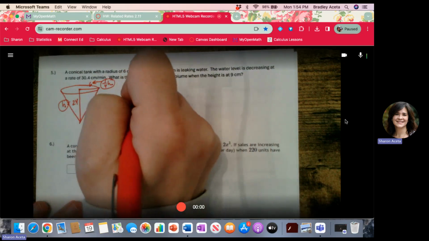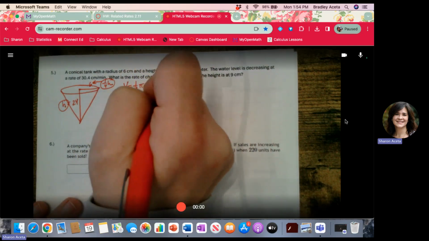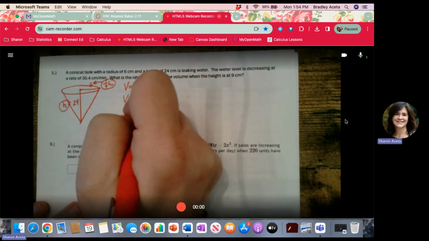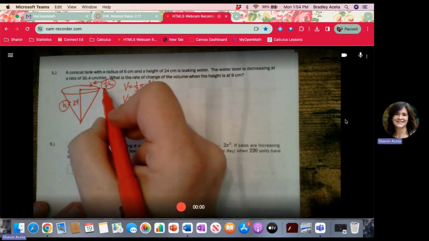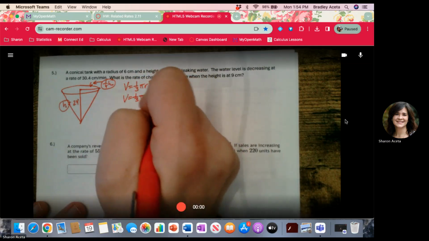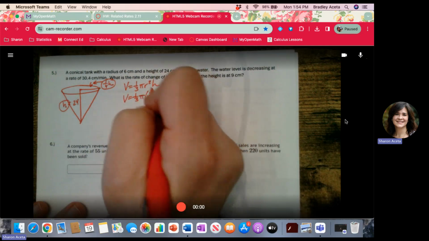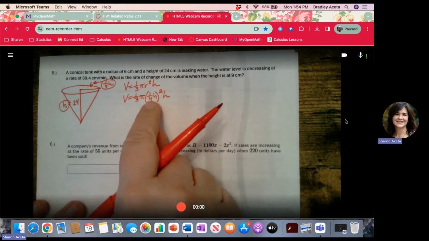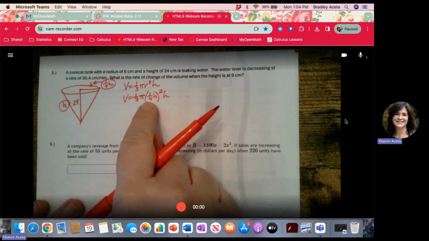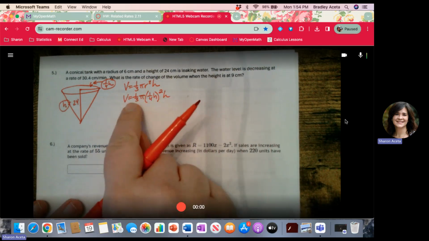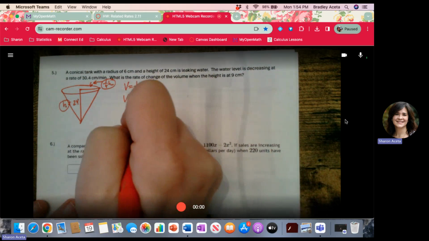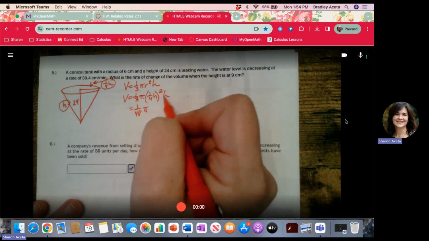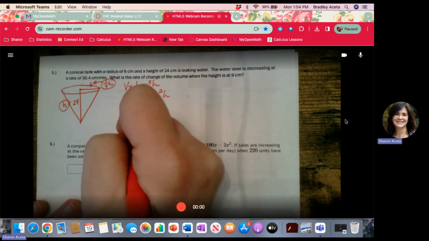So again, my formula for a cone is 1/3 pi r squared H. Now I'm going to substitute in, instead of r, 1/4 H. So 1/4 H, I'm going to square it, and then also don't forget about the other H. And I'm going to clean that up. So 1/4 H squared, that's 1/16 H squared. And 1/16 can multiply with the 1/3 and become 1/48 pi. And then you still have the H squared and the H, which makes H cubed.